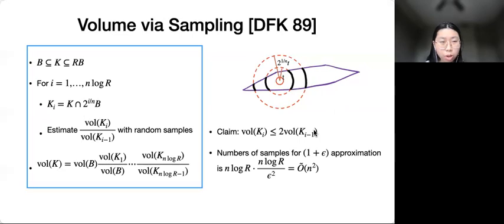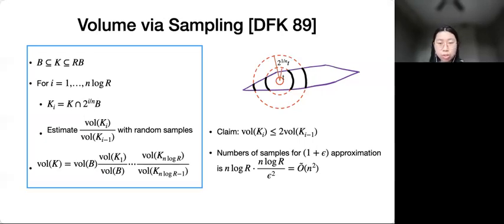If the ratio is too large, like exponential, then we need an exponential number of samples to estimate the ratio. But now we only need n log R over epsilon square samples in each iteration. Then the total number of samples for a 1 plus epsilon approximation is the number of iterations times the number of samples in each iteration, n log n over epsilon square. Together we get almost n square samples.